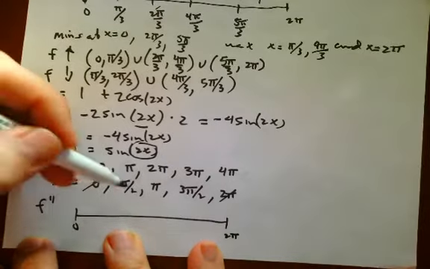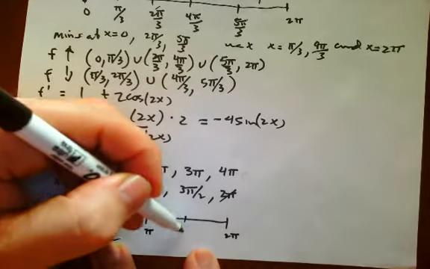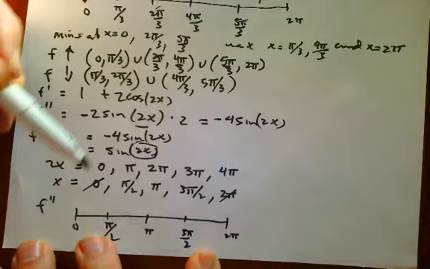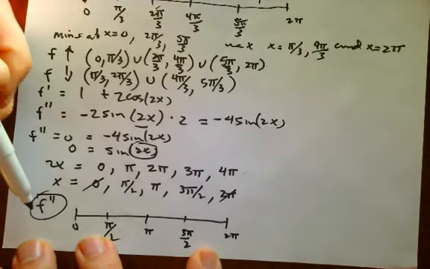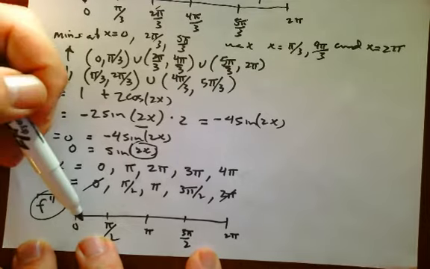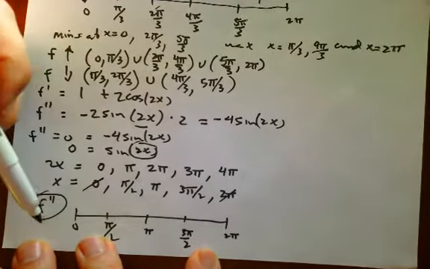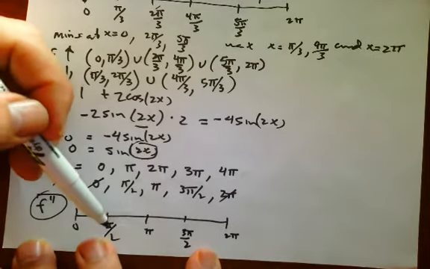Well, we know that we can't have inflection points at endpoints. So I'm not worried about those. So on my f double prime sine chart, which I'll put down here, I can put my 0 and 2 pi. But I'm really concerned about pi over 2, pi, and 3 pi over 2.